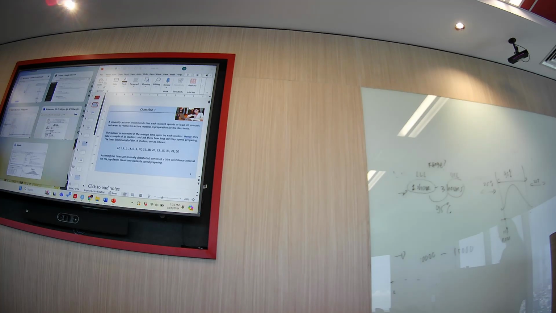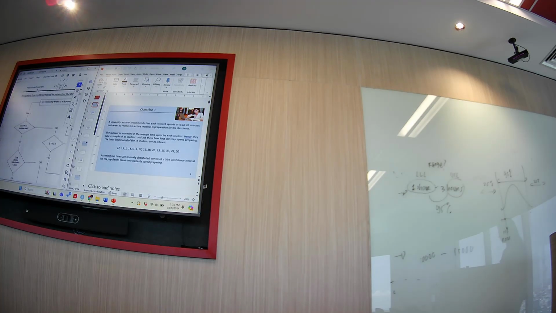First we are dealing with mean, right? So here. And then we know that this is a normal distribution, so we can use this one or this one. But again, is the population standard deviation known?